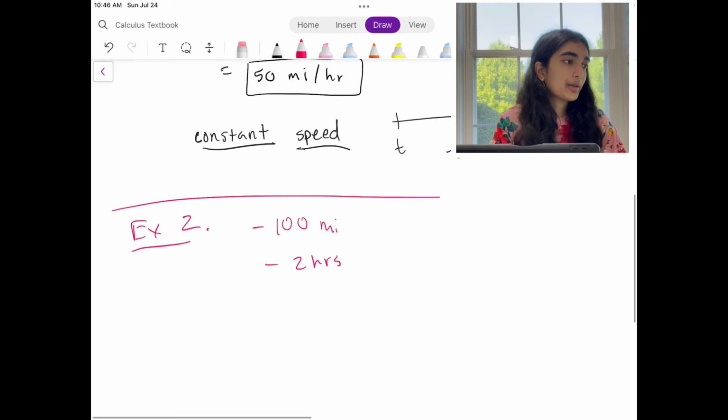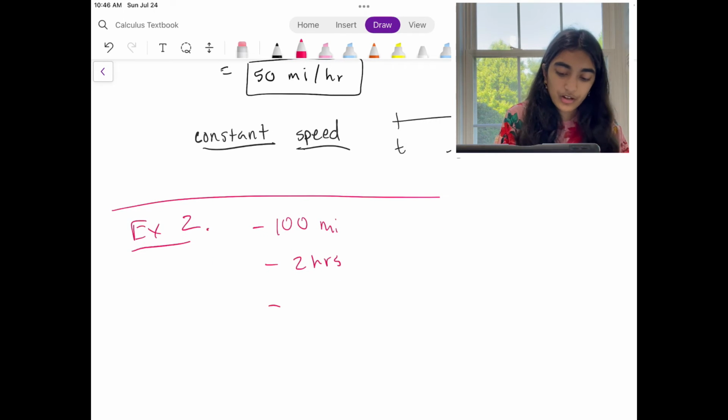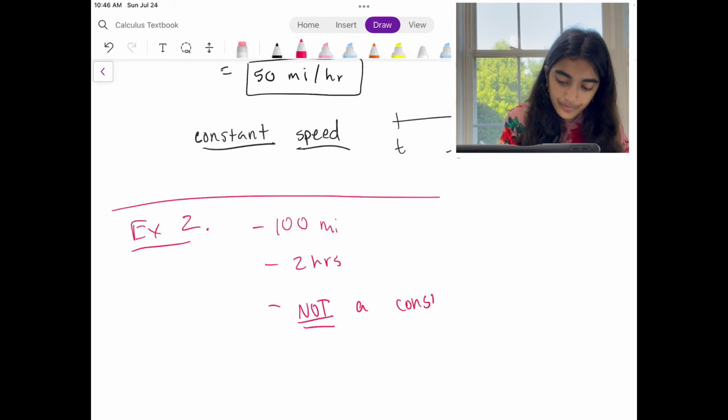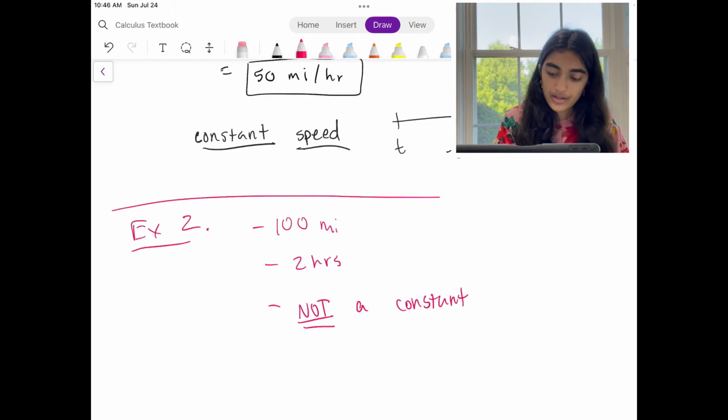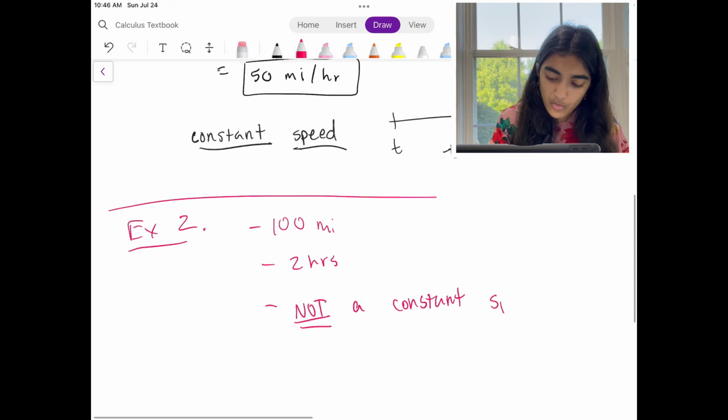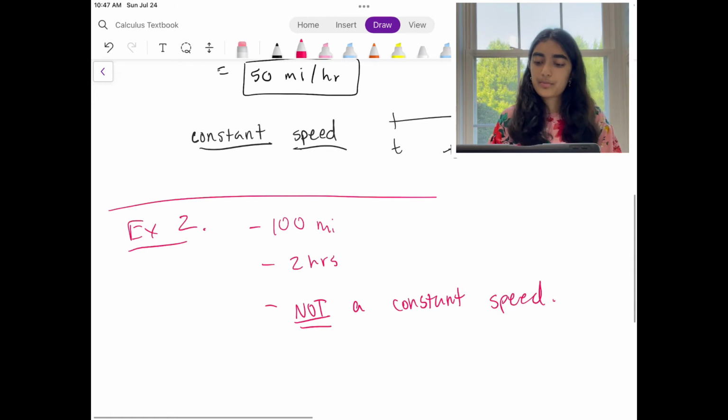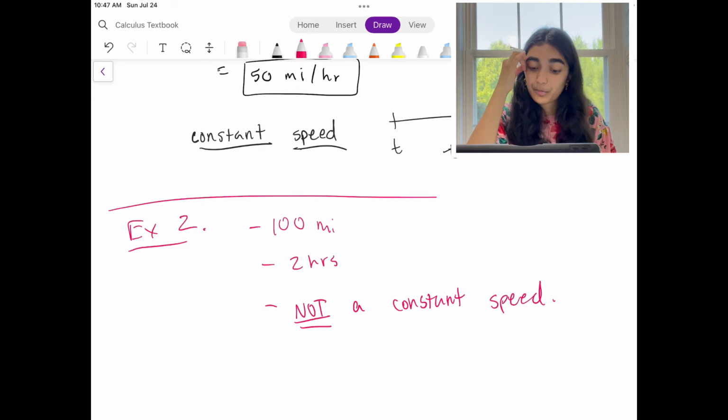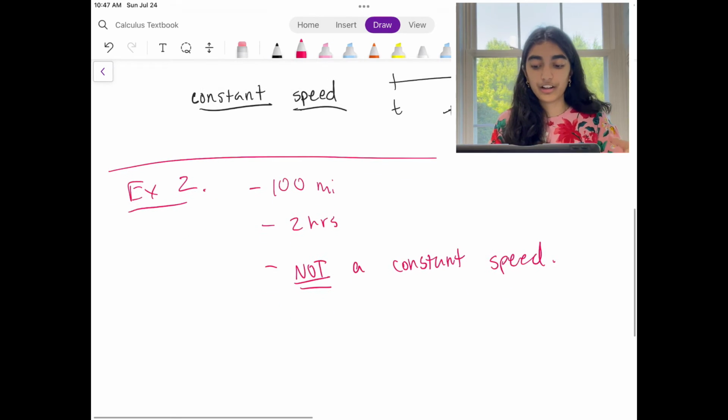But what's different about it? This time, it does not travel at a constant speed. And what does that look like, and what does that mean? Well, this is probably how you drive, or probably how people drive, right? Not at constant speeds.